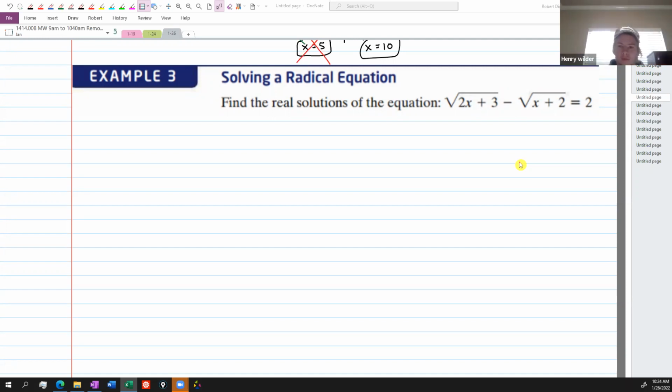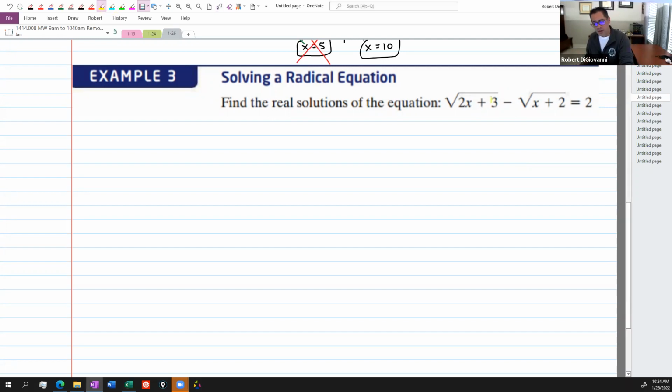Well, unfortunately, we have to just follow the procedure. We're going to isolate one of the radicals and we're just going to choose. So I'm going to say, let's isolate this one because it's positive. It's got a positive in front on this side. Let's move this radical to the other side. So let's still follow the procedure, except we got two radicals to deal with.